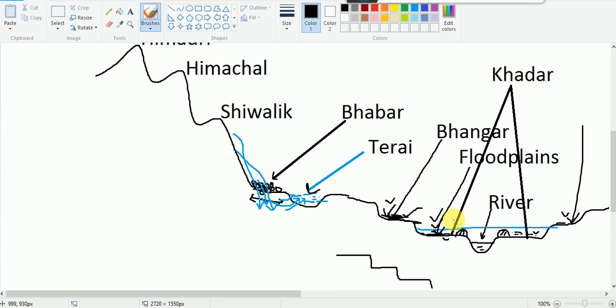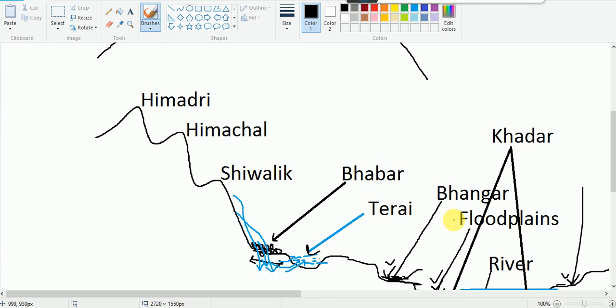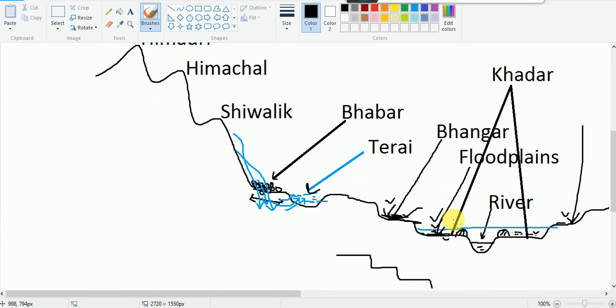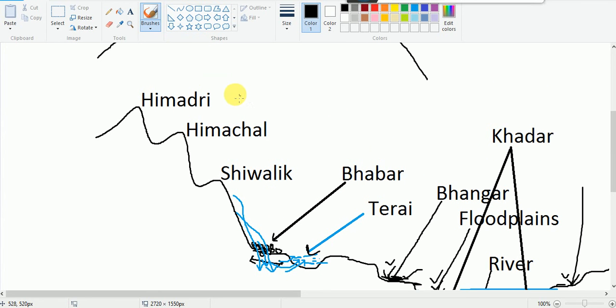And so these are the four major relief features of the northern plains from north to south. Remember, these are the Himalayan mountains: the Himadri, the Great Himalaya, then Himachal, the Lesser Himalaya, and the Shivaliks.